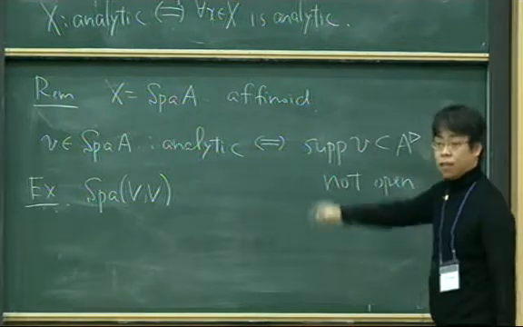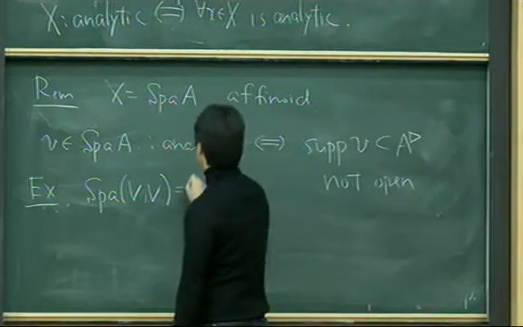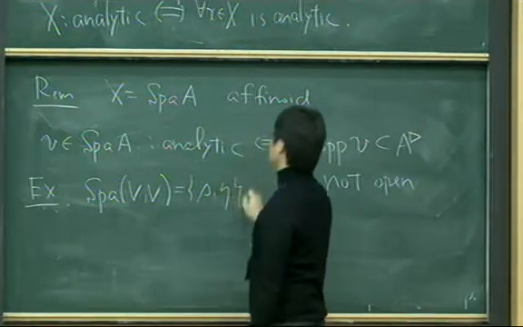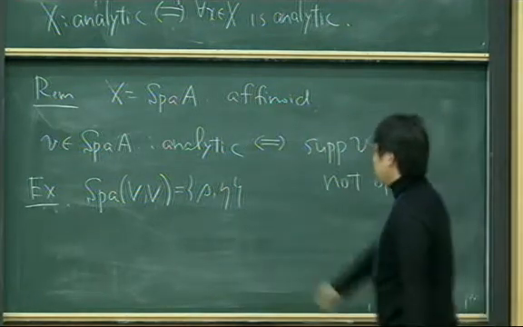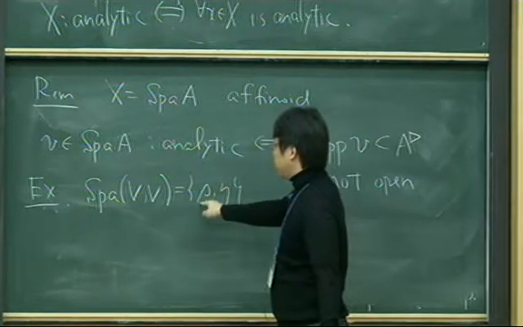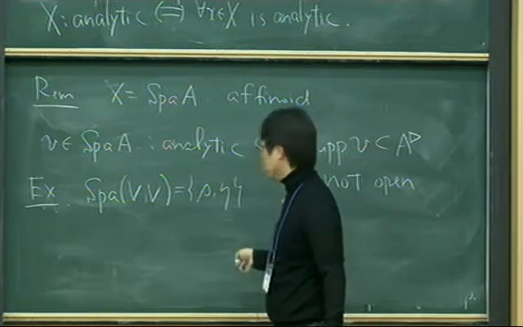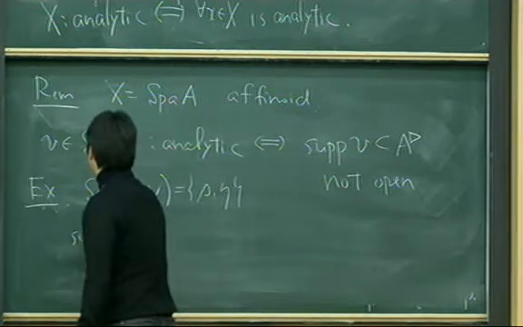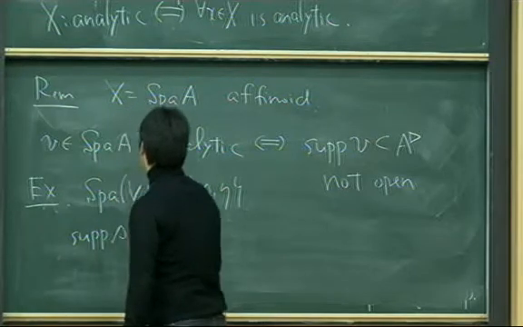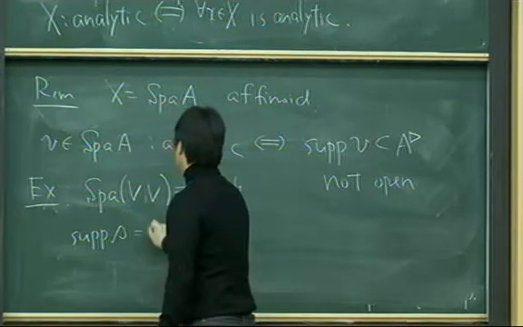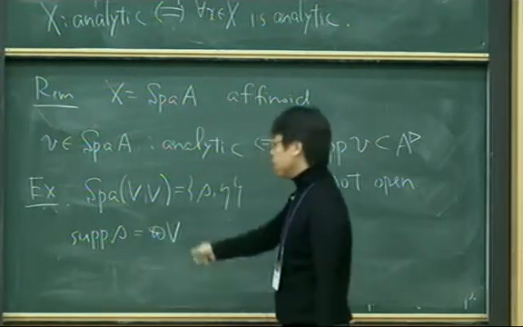Spa V consists of 2 points. First we take mod pi map and take a trivial valuation s. So the support of s is equal to pi V, and it is open.